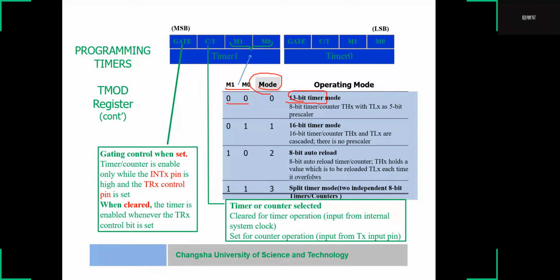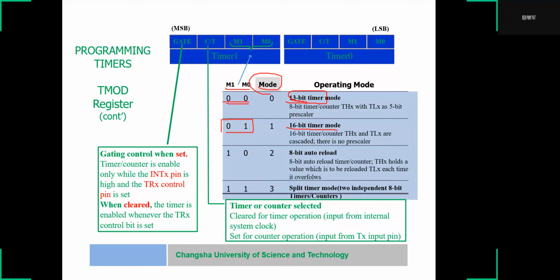If we set M1 and M0 to 01, this timer is used as a 16-bit timer. We know the timer is originally 16-bit. If we set 00, it is used as 13-bit, so 3 bits are lost.